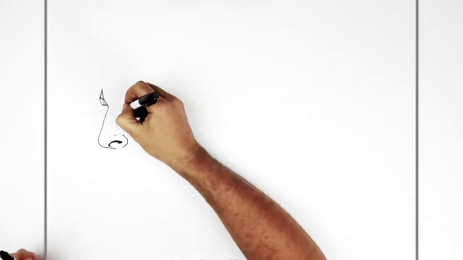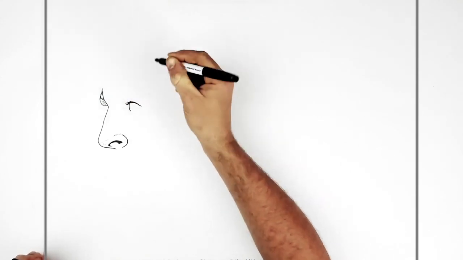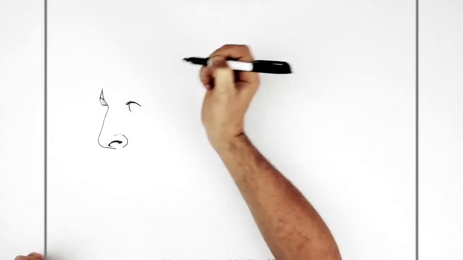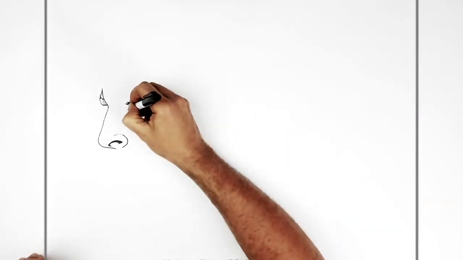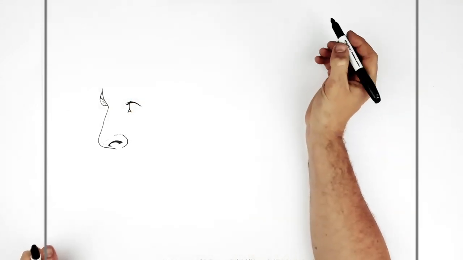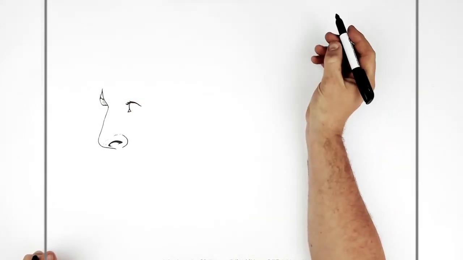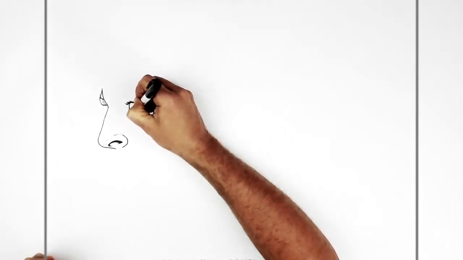And then his eyeball itself, right? So it curves this way, like so. And then we have his tear duct just here. The bottom eyelid line then just curves back up this way.